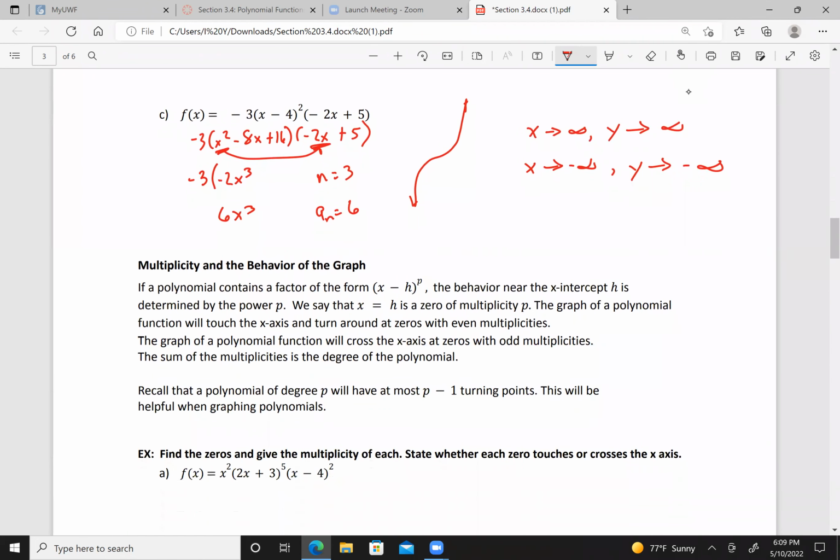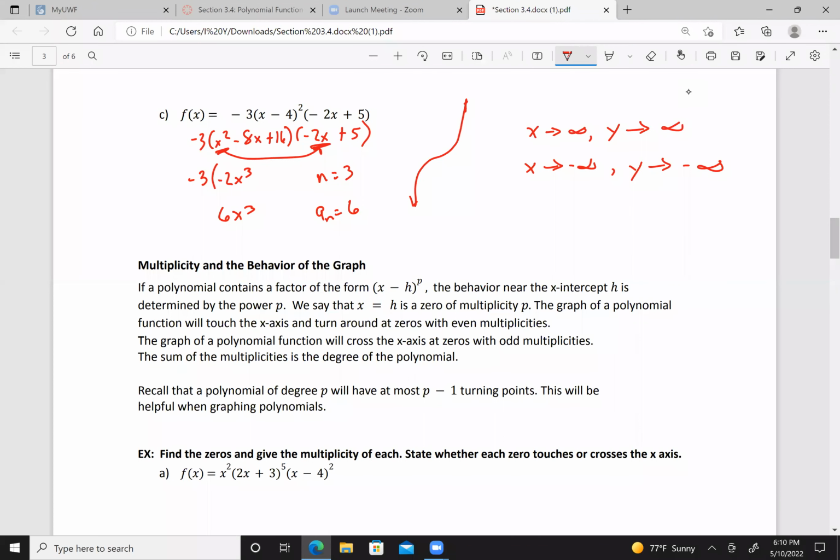That brings us back to multiplicity in the behavior of the graph. The polynomial contains a factor of the form x minus h to the p. The behavior near the x-intercept h is determined by the power p. We say that x equals h is a zero of multiplicity p.